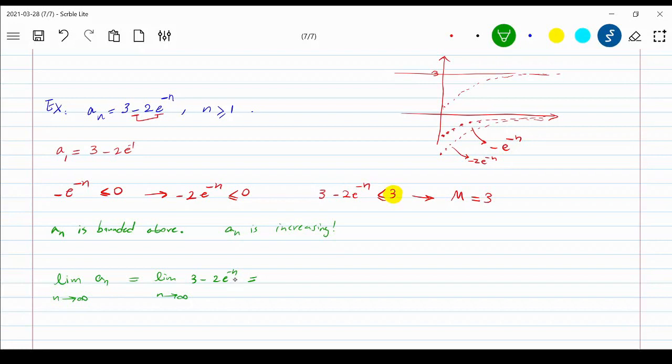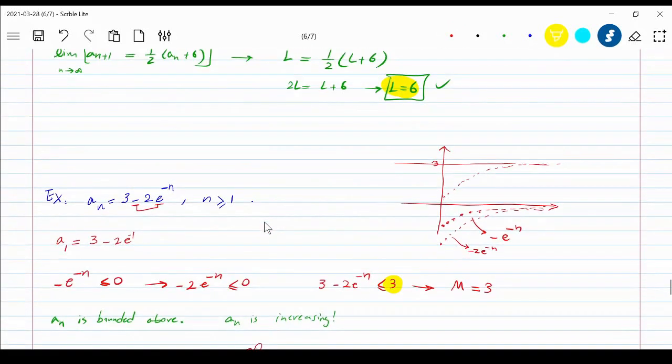This one is quite easy because this term, as n approaches infinity, approaches 0. Graphically, you should see it, and you can always write this as 1 over e to the power n. As n approaches infinity, that still would be 0. So you have 3 minus 2 times 0, which is 3. So we found the convergence, the limit of the sequence.